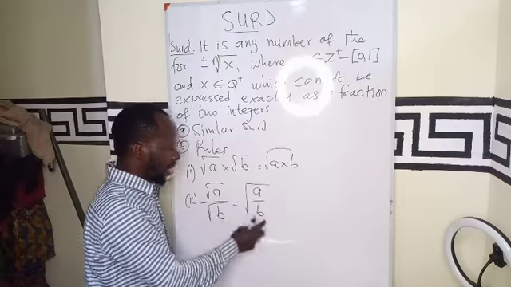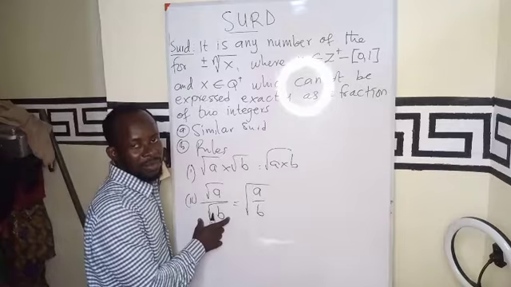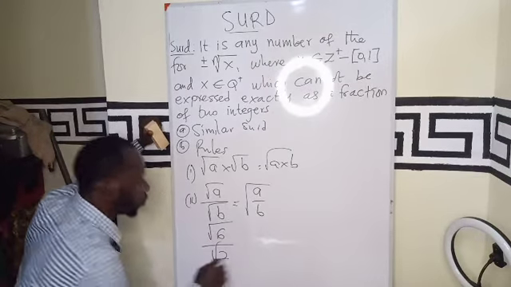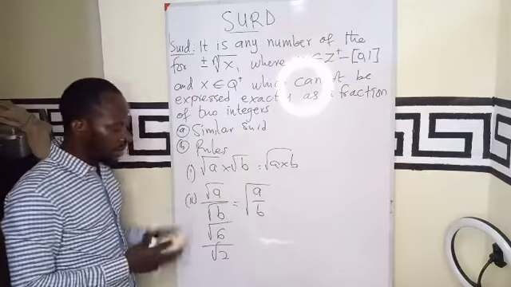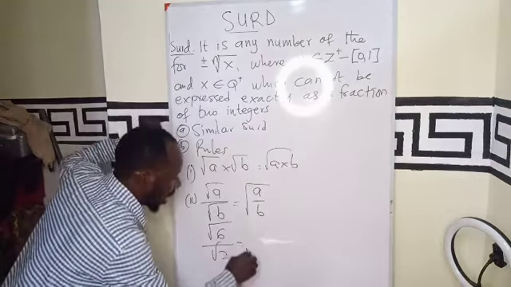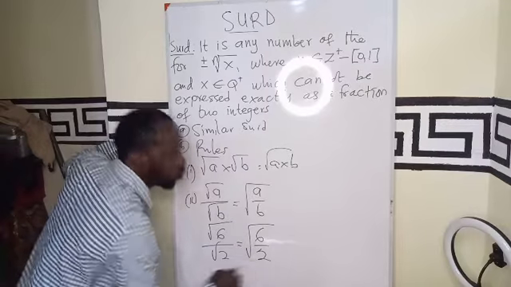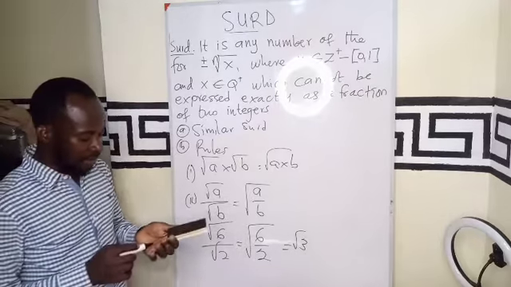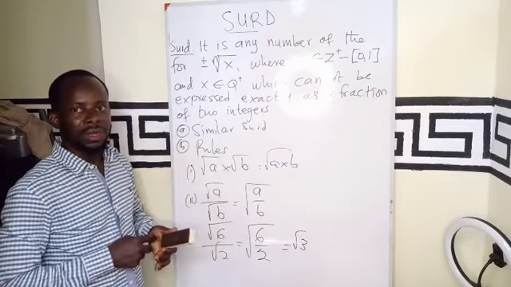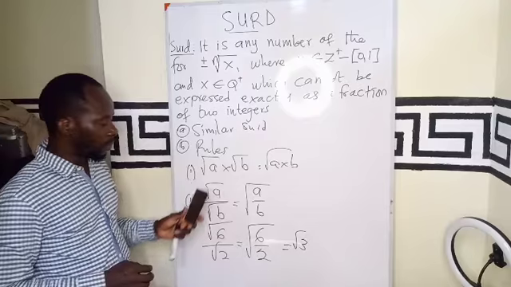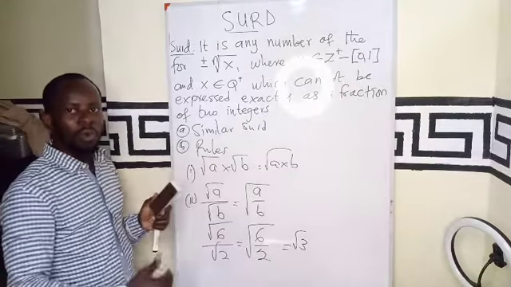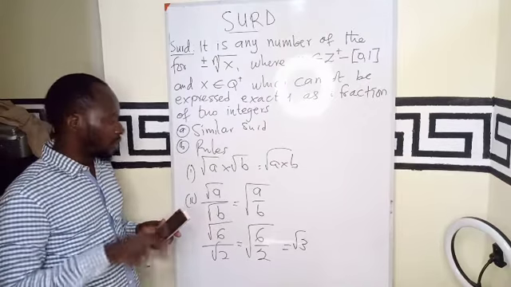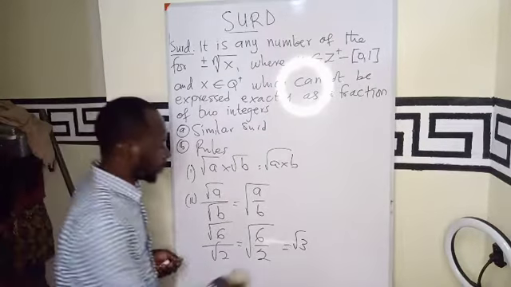If I'm given this, I can also say that this is the same as this. So if I have root 6 divided by root 2, I can rewrite this as the root of 6 over 2, which gives us root 3. That's another aspect of the rules. If you are dividing root over root, it becomes one complete root, with those numbers becoming a fraction under the root sign.